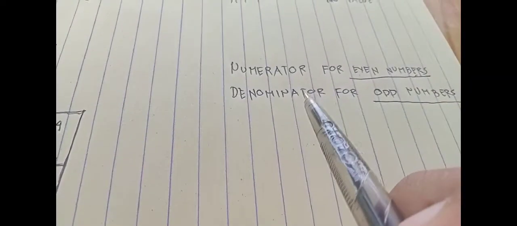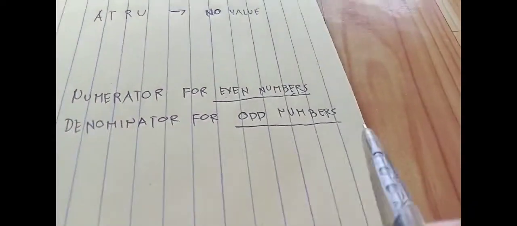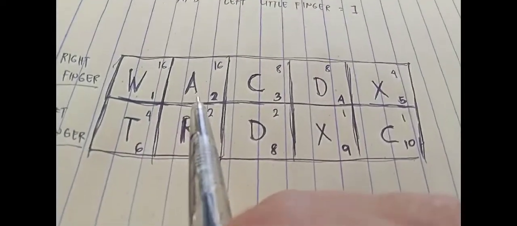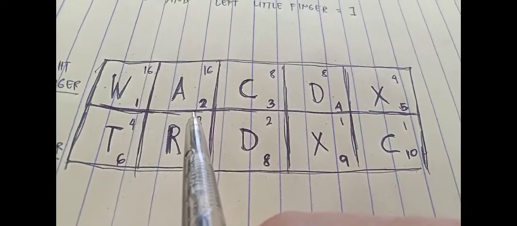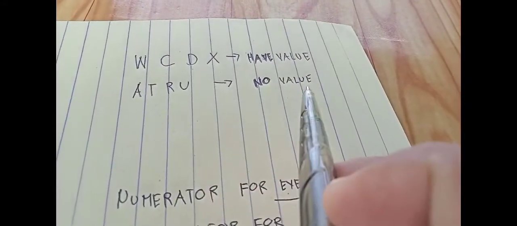Next, we will proceed to the denominator. So in number 2, it is a plain arc, and plain arc has no value, so I put 0 here. Next is the double loop.